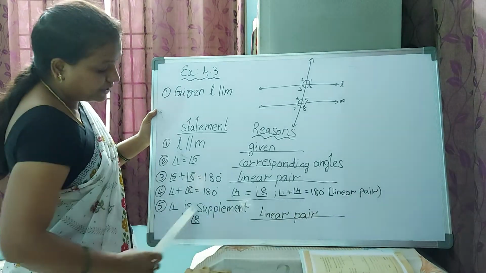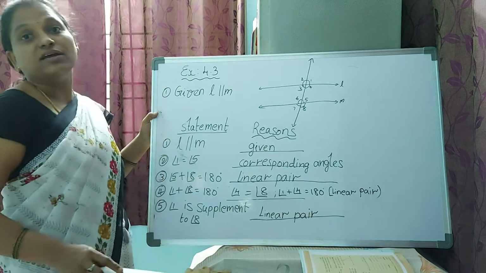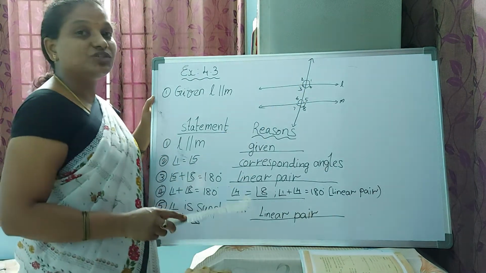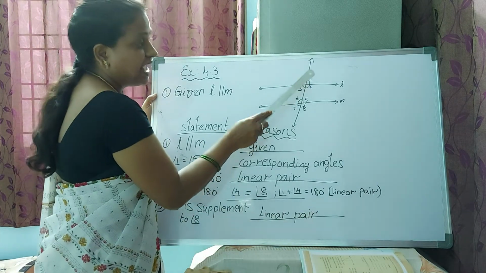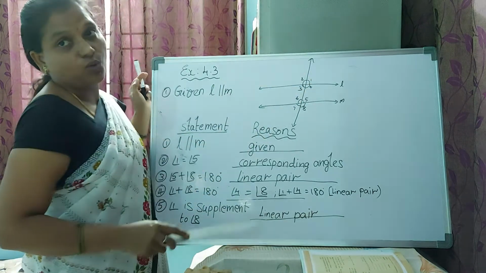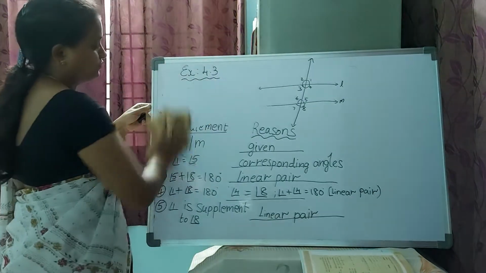Angle 1 is supplementary to angle 8, because these two angles form a linear pair, which is the sum of two adjacent angles being 180. So angle 8 is supplementary to angle 1. This is about the first problem. We'll see the second one also.